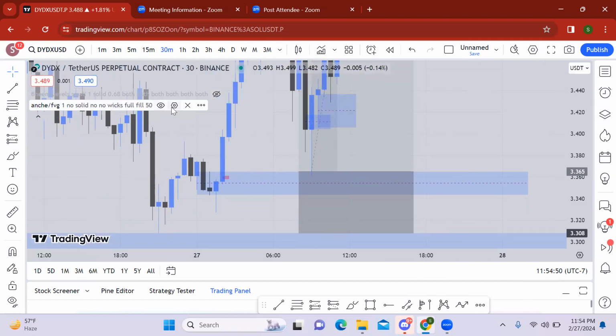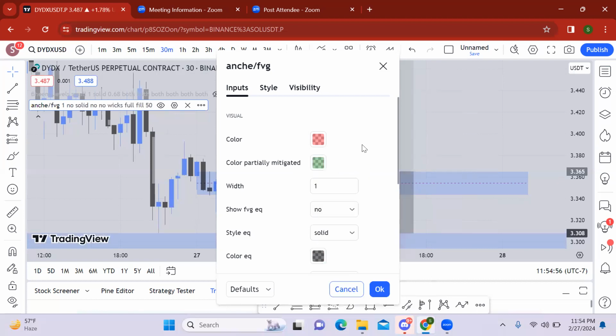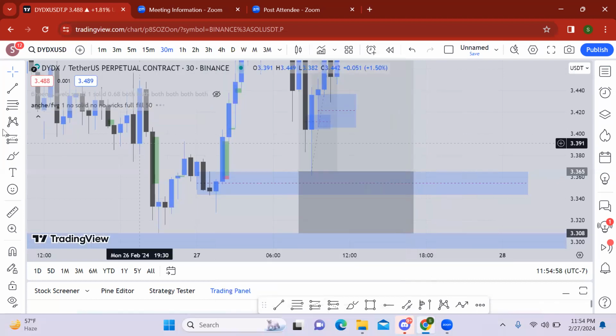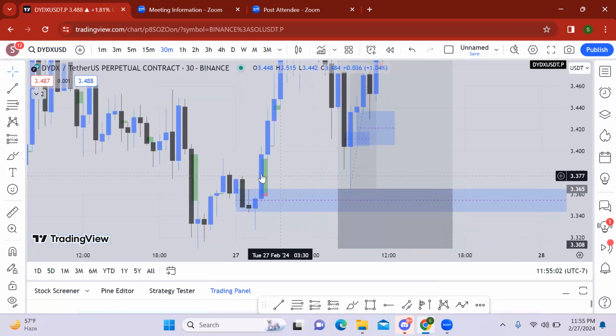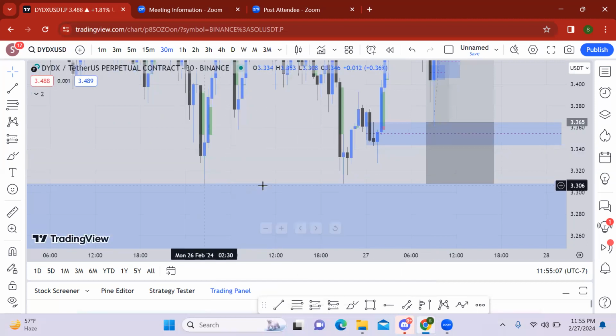Now I show you something here. This mitigated, I will give a green color for understanding. So these green lines are filled fair value gaps. So look, this was the low, this is a Monday low here.